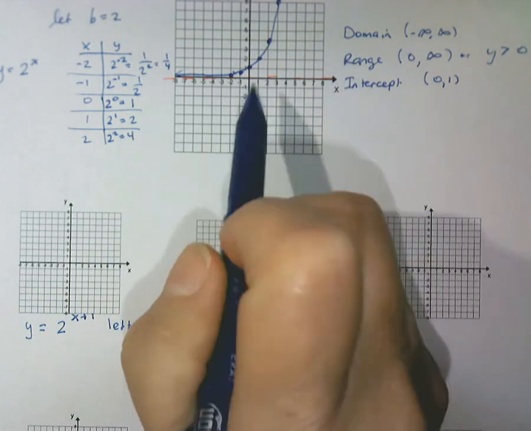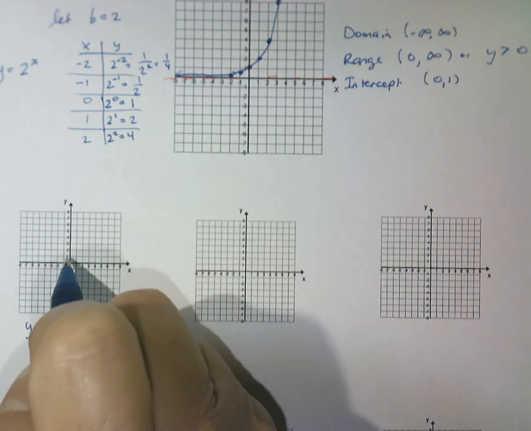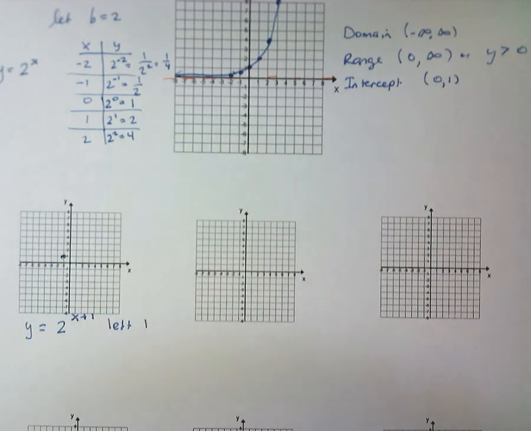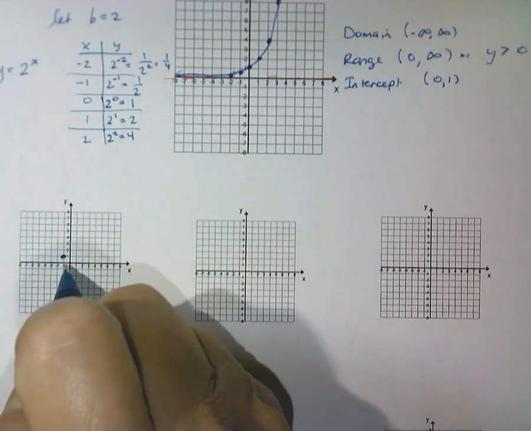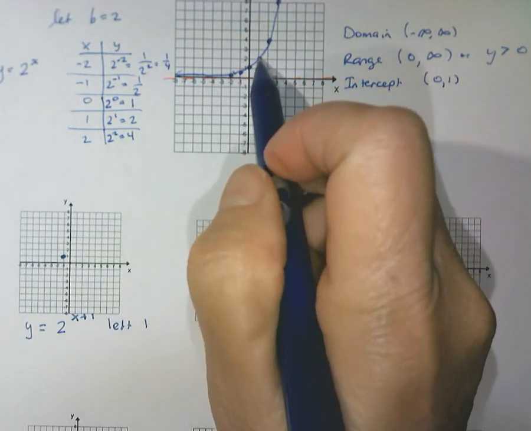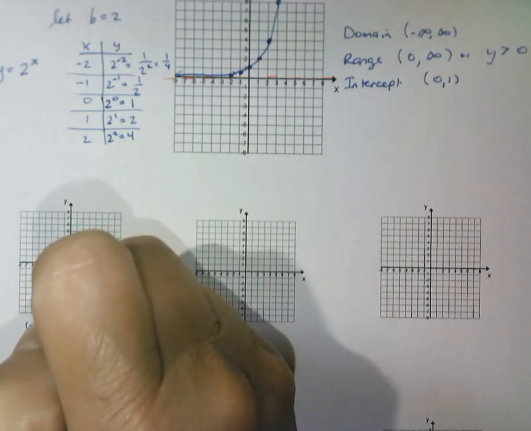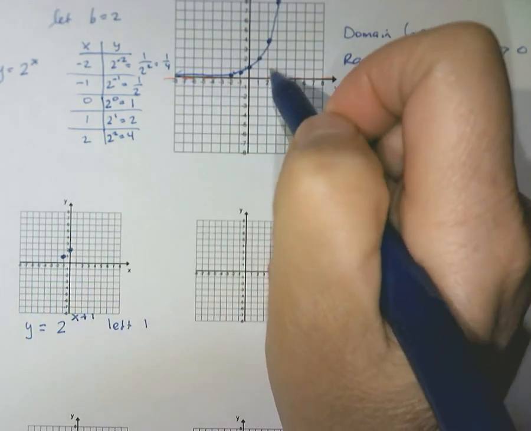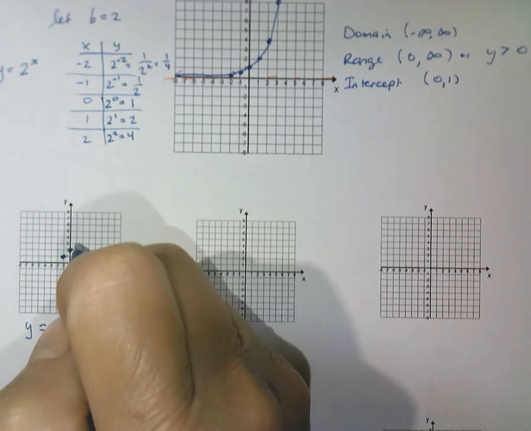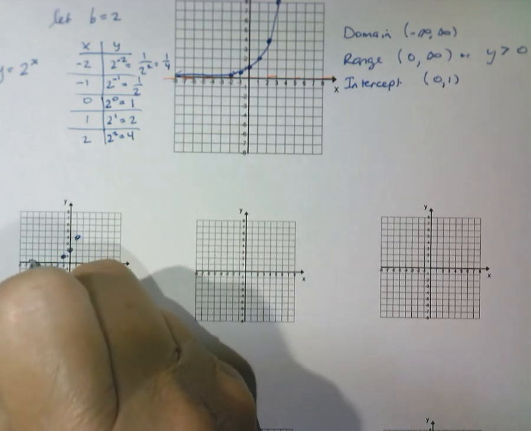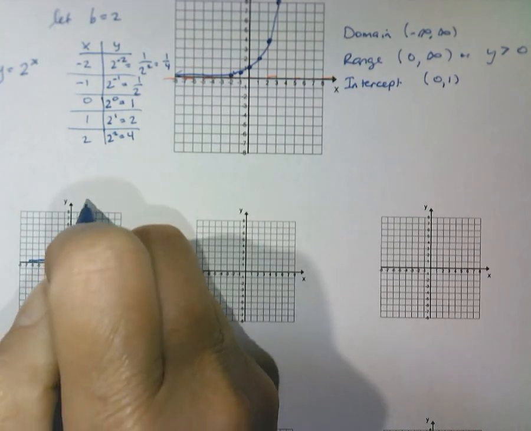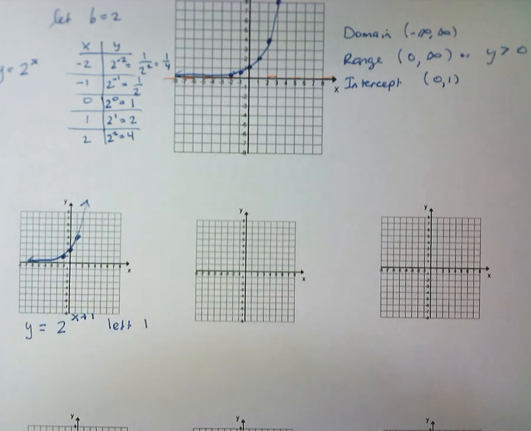If I'm going to go left 1, I'm going to take this point 0, 1, and I'm going to move it over left 1. And then I could go from there. This point 1, 2 becomes 0, 2. This point 2, 4 becomes 1, 4. And that's really all I need to graph it.